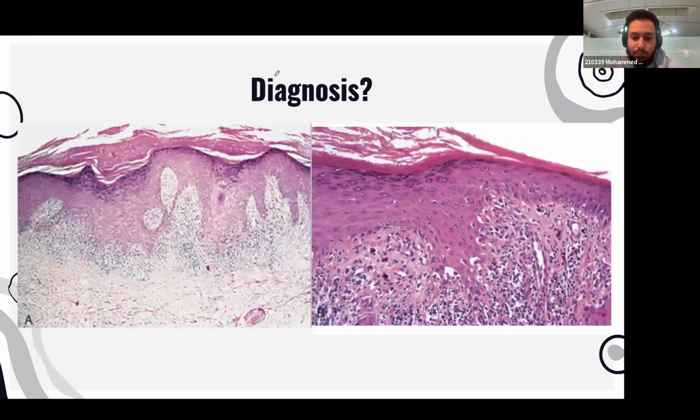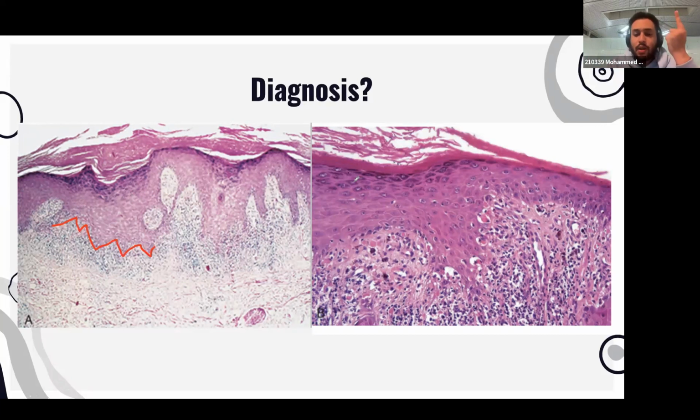Move on. Next one is this one. What is this disease? Lichen planus. Perfect. What do I call this appearance? Sawtooth appearance. As soon as you see sawtooth, guys, lichen planus.